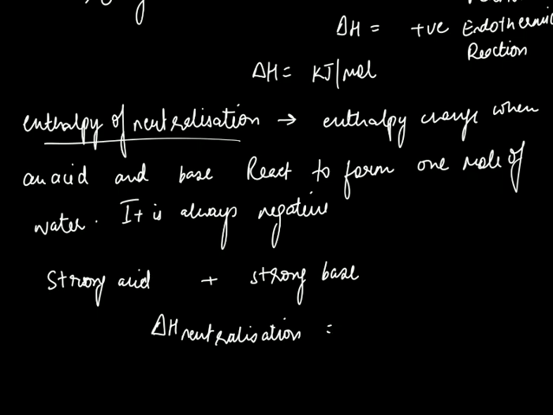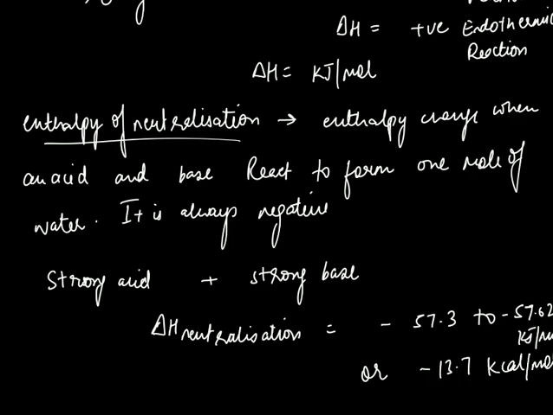For strong acid and strong base, we have somewhere minus 57.3 to minus 57.62 kilojoule per mole, or in kilocalories per mole, minus 13.7 kilocalorie per mole. This was given by Hess somewhere in the 1840s. This is for 1 mole. Remember that we are talking about 1 mole.